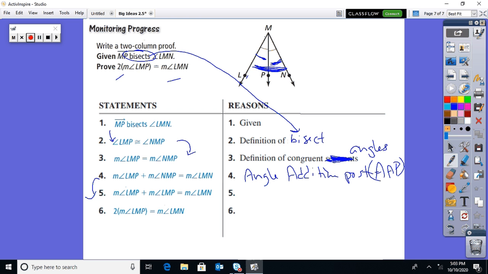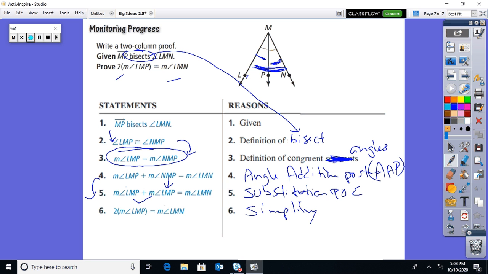Well, since we said here that LMP equals NMP, anywhere I see one of them, I can substitute in for the other one. So there's the substitution property of equality. And now I can combine these two. So I'm going to call that simplifying.